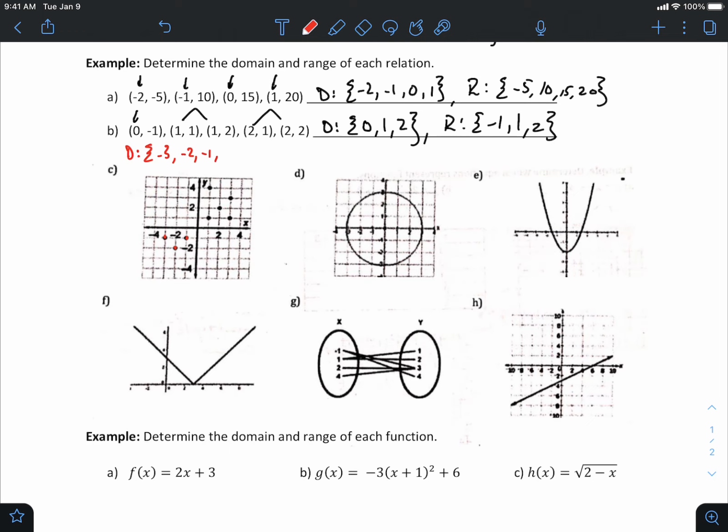You go 1. It looks like at 1 we have 2 points, but you don't write any particular x entry twice. So it's just 1, and then 2, and 3. Oops, that's a little close to my squiggly bracket. All right, does anybody have any questions? It's just all the x entries.